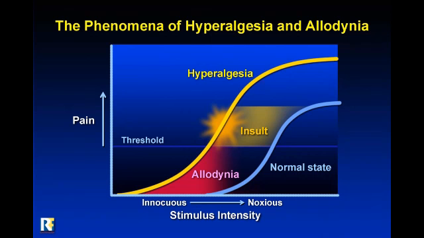Allodynia means that you are exposed to a non-painful stimulus, but the patient perceives it as painful. Hyperalgesia means that you are exposed to a painful stimulus that we would all consider painful, but the patient considers it much more intensely painful. So that's hyperalgesia and allodynia, and I think that these patients are really experiencing both.